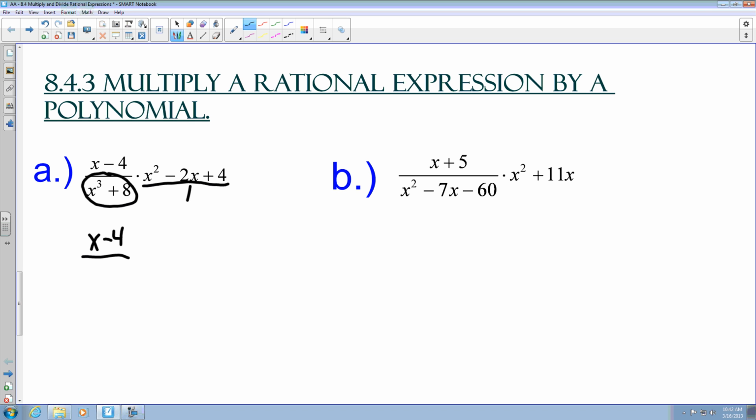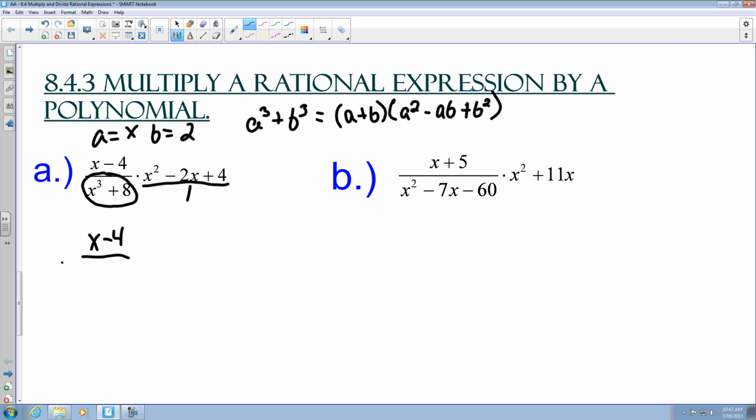it looks like the sum of two cubes. If you remember in earlier sections, the sum of two cubes is: if I have a cubed plus b cubed, this equals, in parentheses, a plus b times the quantity a squared minus ab plus b squared. So let's write that out. In this case, my a is going to be x and my b is going to be 2 because 2 cubed is 8.